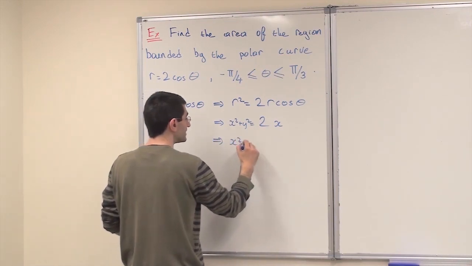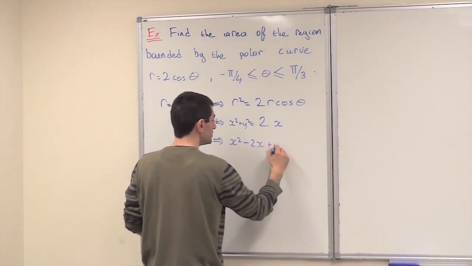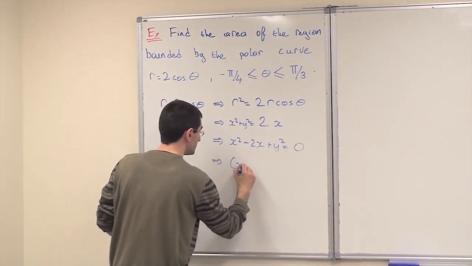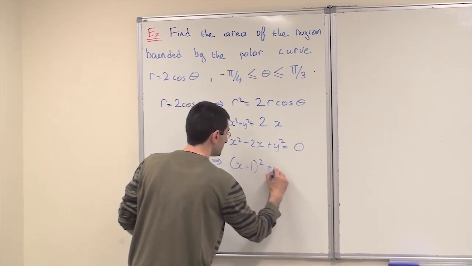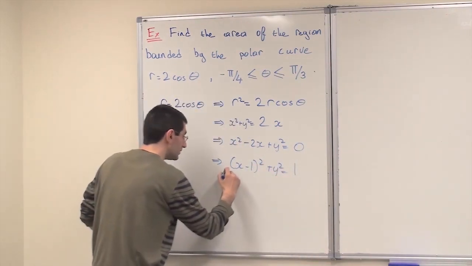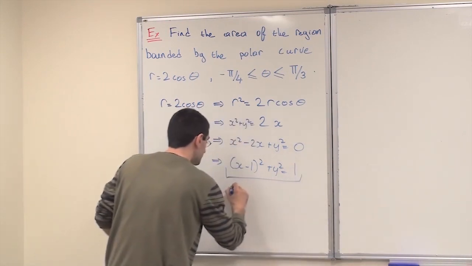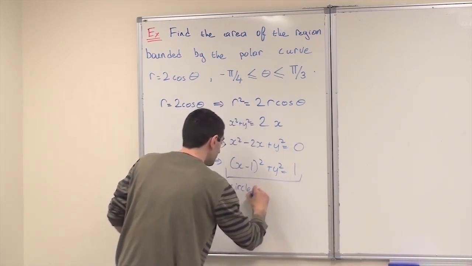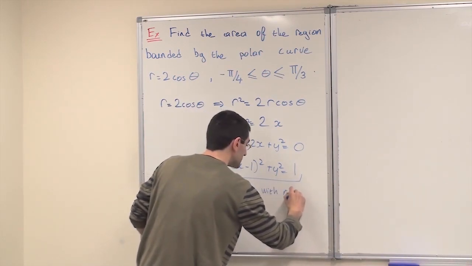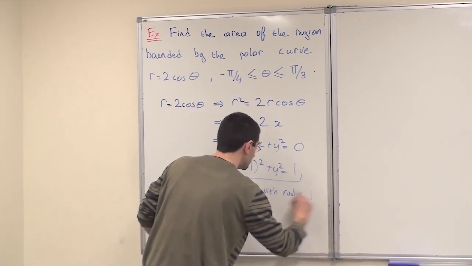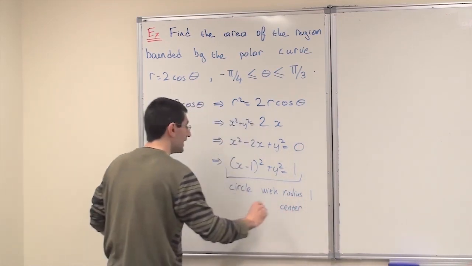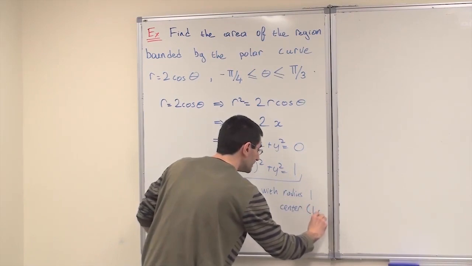Then we rewrite this Cartesian equation as follows. From this we recognize that this polar curve is in fact a circle with radius 1 and center at (1, 0).